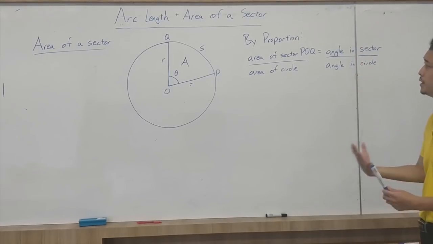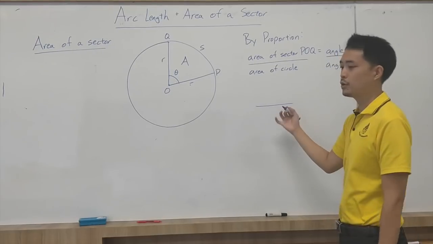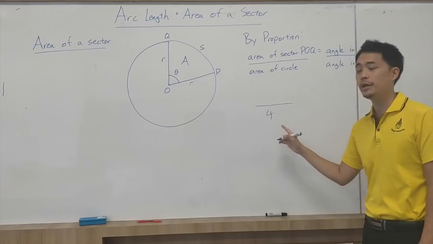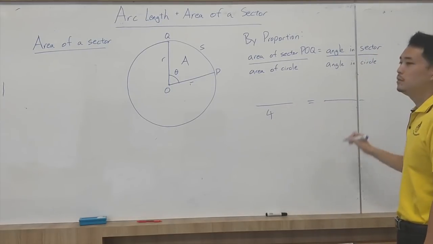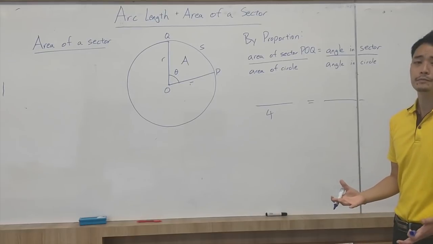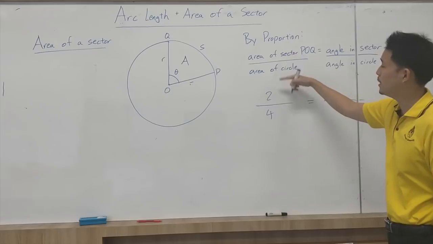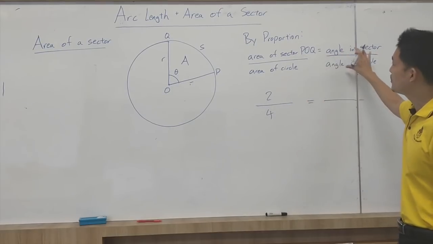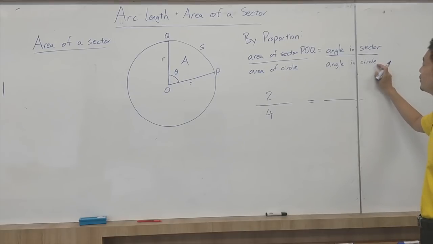To give you an example of that, let's say I had a circle of area 4, and I wanted to see what the area of half of that circle is. The area of half of that circle, of course, you already know is going to be 2. So the area of that sector over the area of the circle is proportionally the same as the angle in the sector over the angle in the circle.